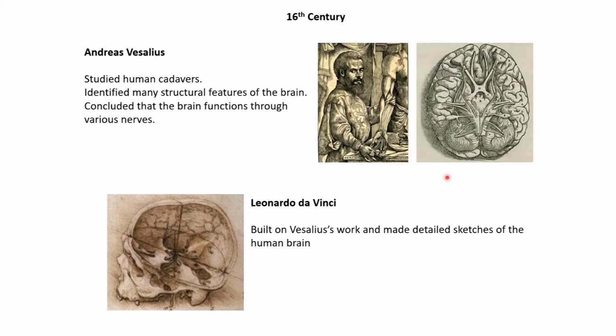And then he took these images and drew detailed 3D drawings like the one shown here. And based on this type of anatomical work, we started to understand the organization of the brain. Understanding the parts is essential before we can understand how the brain functions.